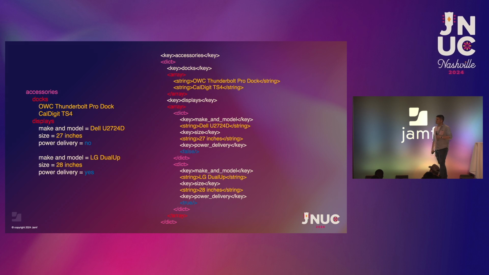Right, turning this into a plist in XML, now we have an extra slot to store that type data. So the docks just become two strings, because that's what the data is. It's just a string inside of an array. There's two of them. The one thing that's different here, though, is the data that is inside of the array.